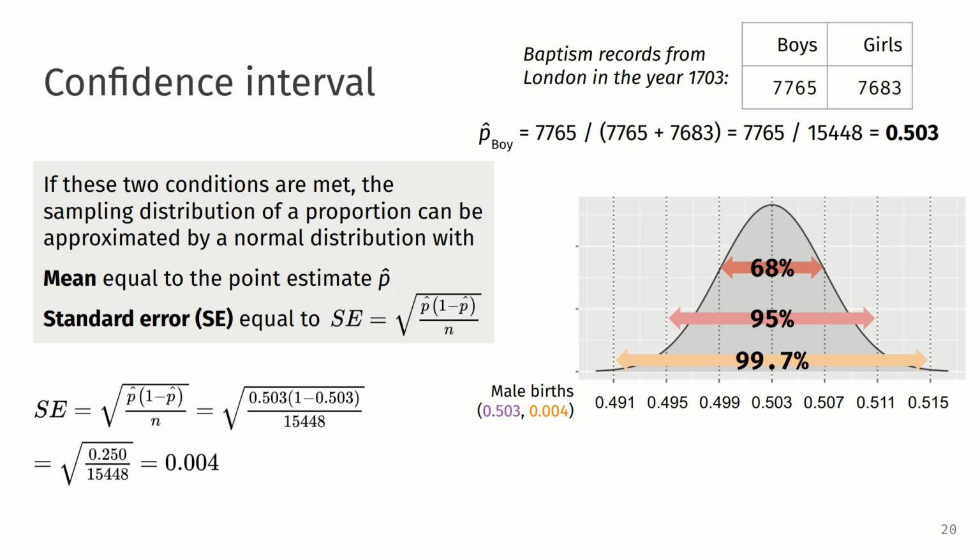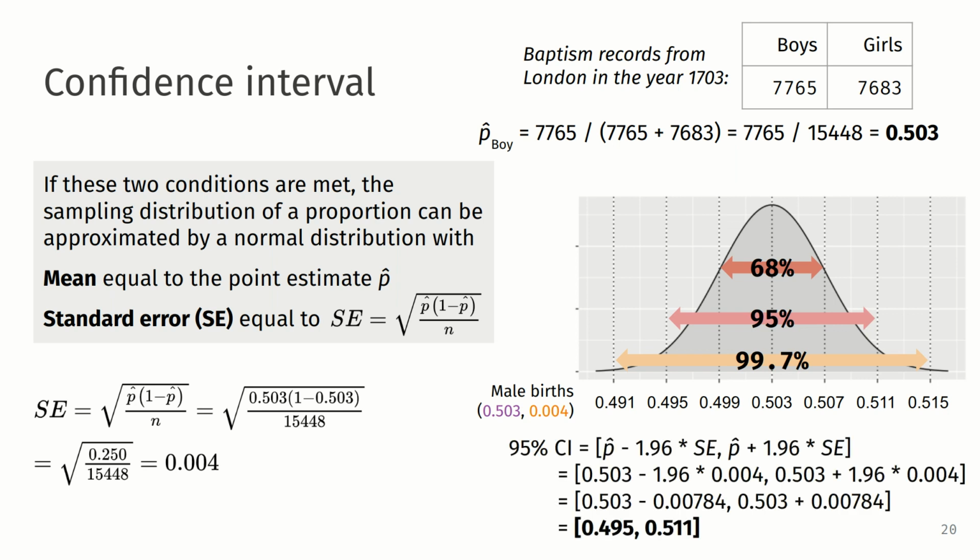And so our question is, given that this represents the distribution of all the different ways that our baptism records could have turned out, what is the range that encompasses the middle 95% of all of those different possible outcomes? Well, as we saw last time, that's within 1.96 standard errors of the mean.